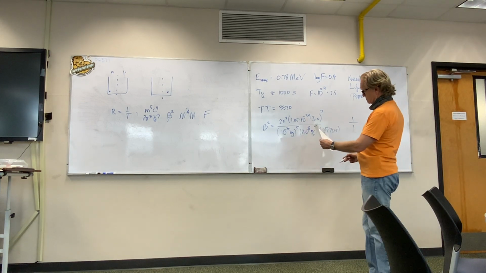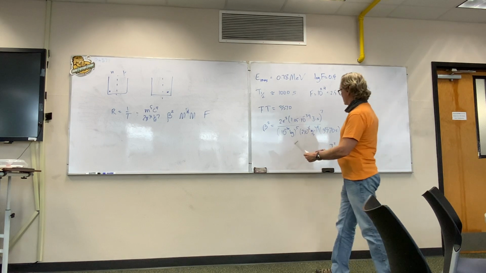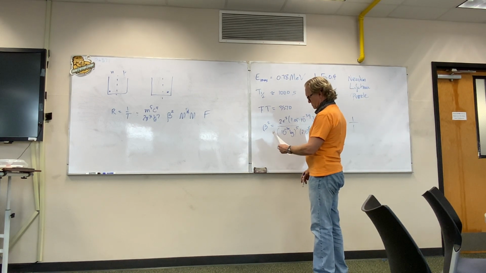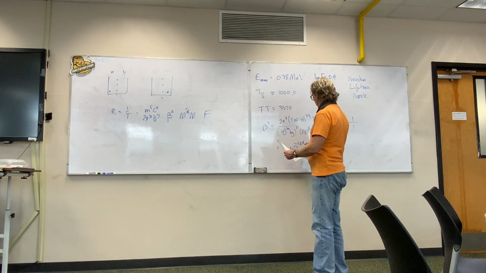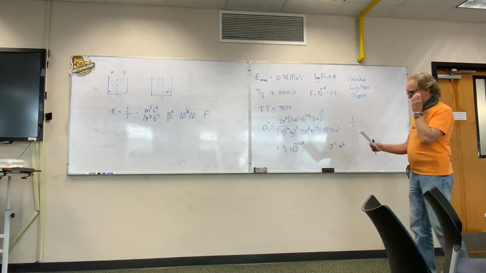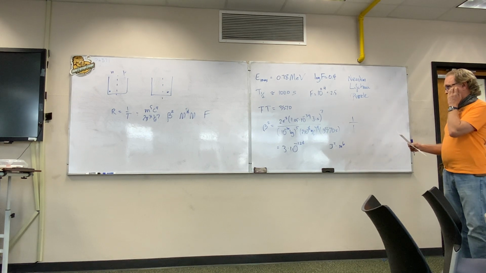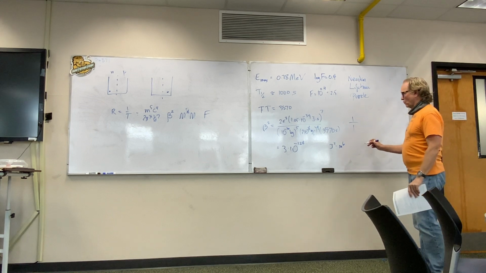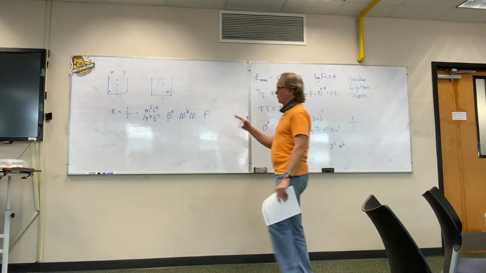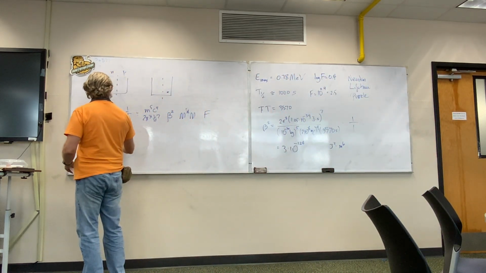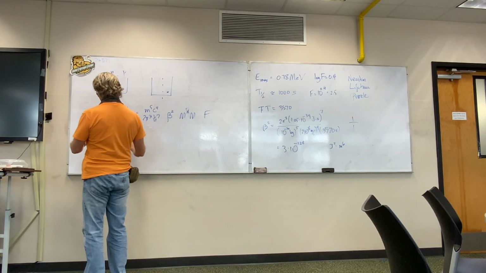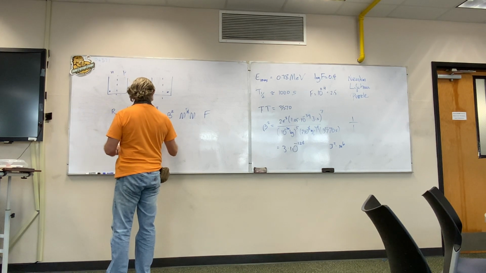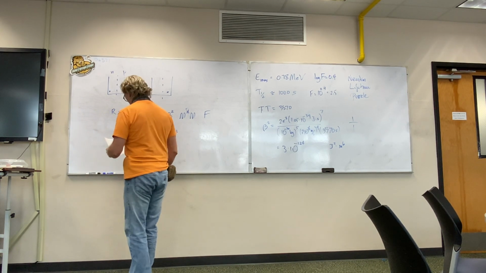And I get 3 times 10 to the minus 124. For beta, for free neutron decay, I get a coupling constant of 1.7 times 10 to the minus 62 joule meter cubed.